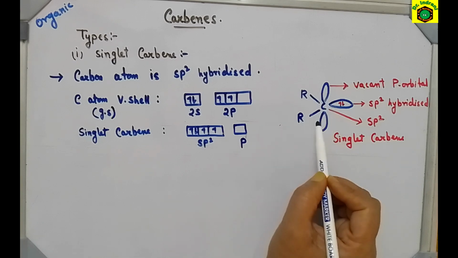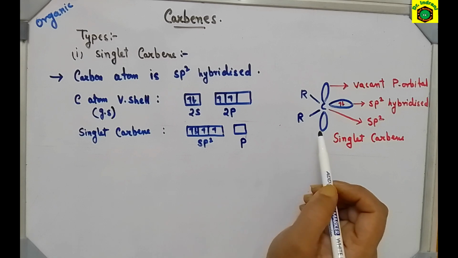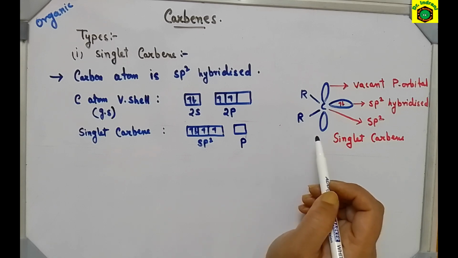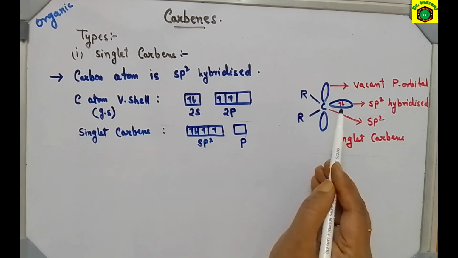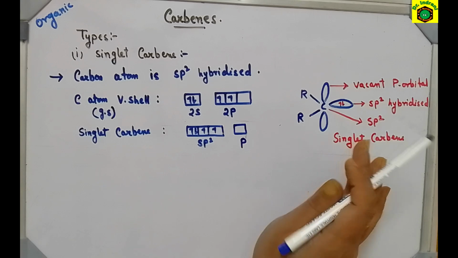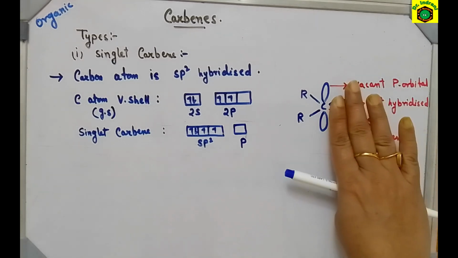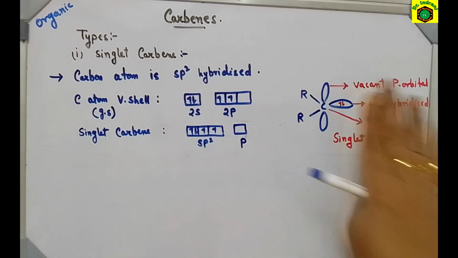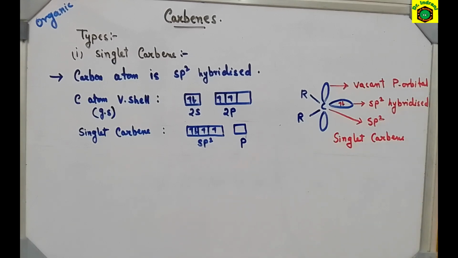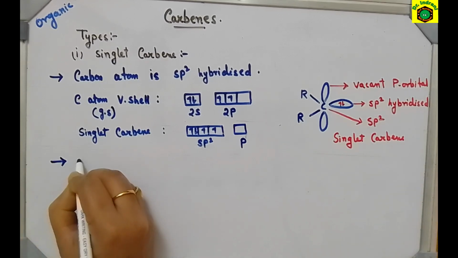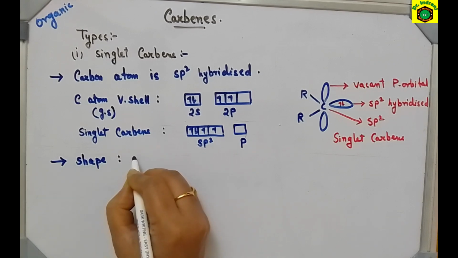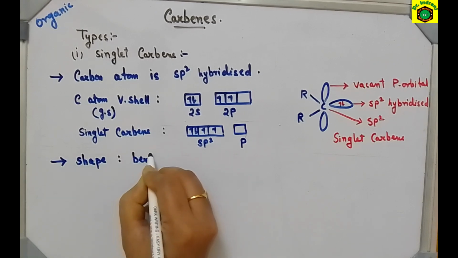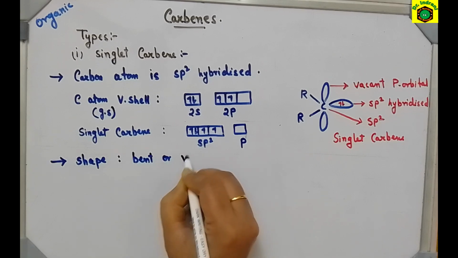We know that for sp2 hybridization the geometry should be trigonal planar if three sigma bonds are there. But here one lone pair of electrons is there. The shape of the molecule is bent, or you can say V-shaped.